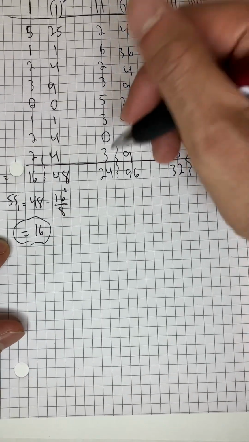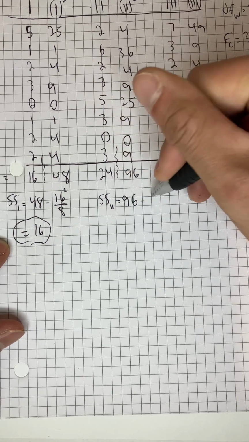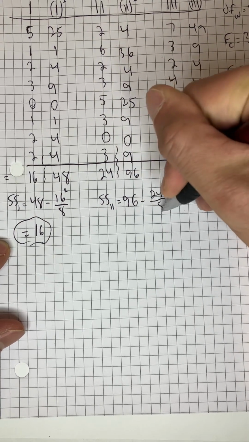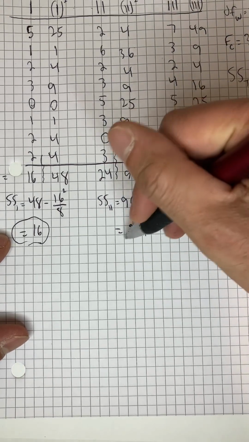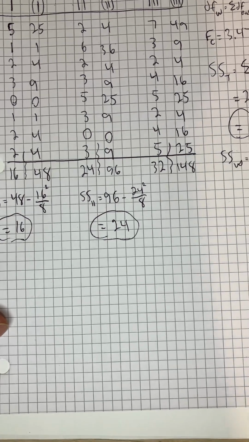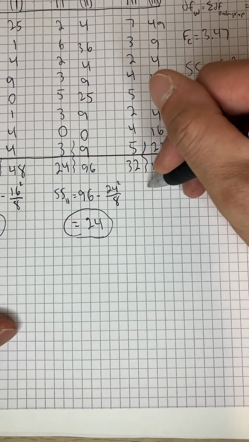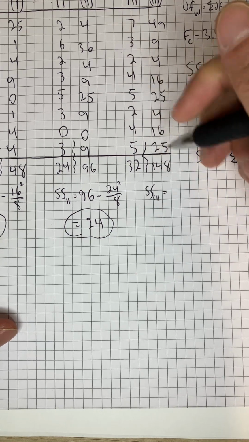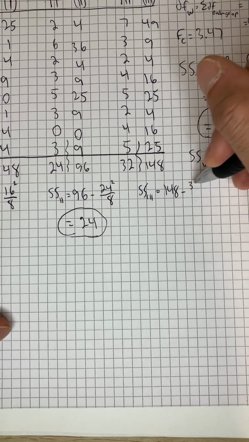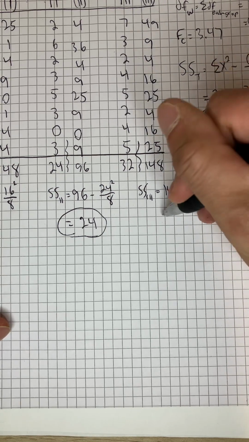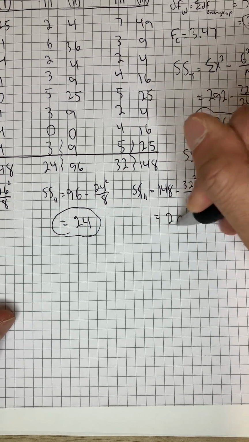The sum of squares for the second group is 96 minus 24 squared over 8, and that is 24. And for the third group, it's 148 minus 32 squared over 8. That's 20.